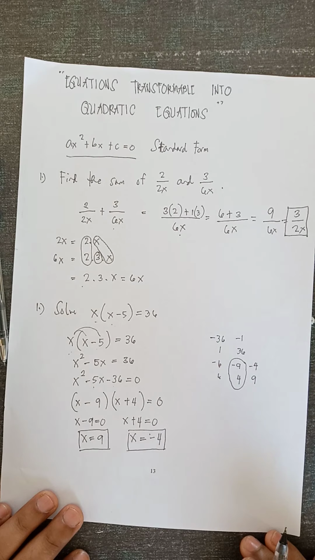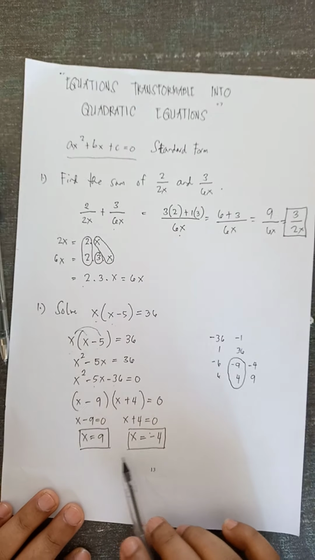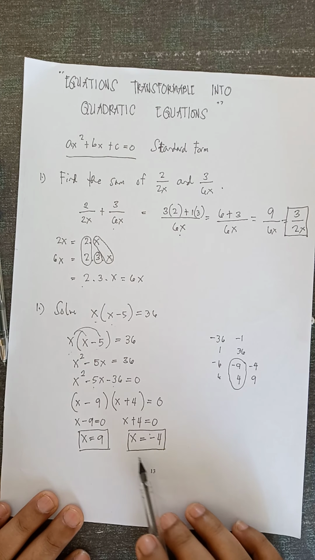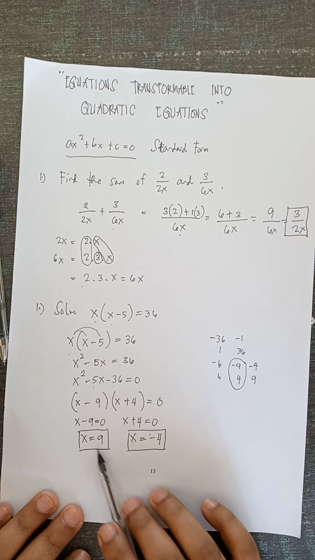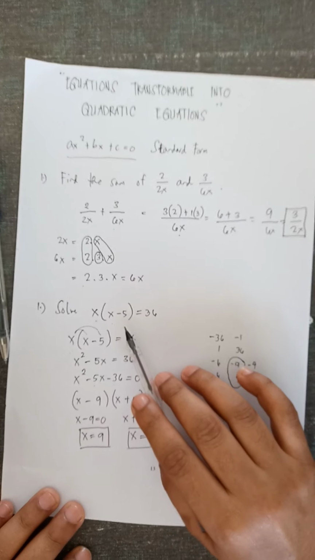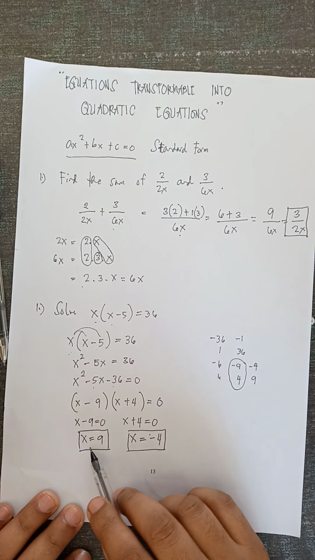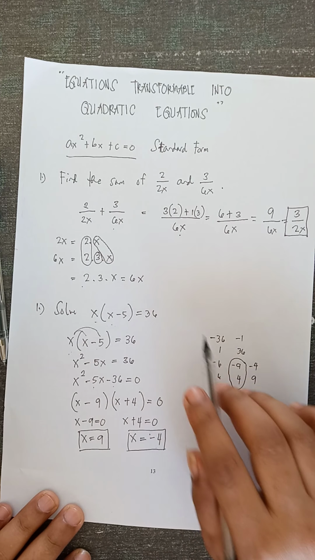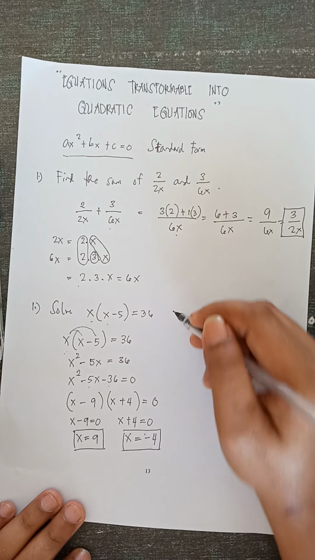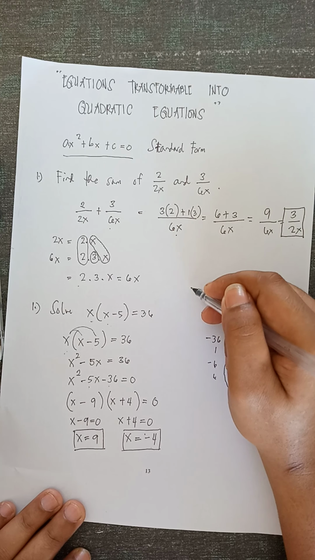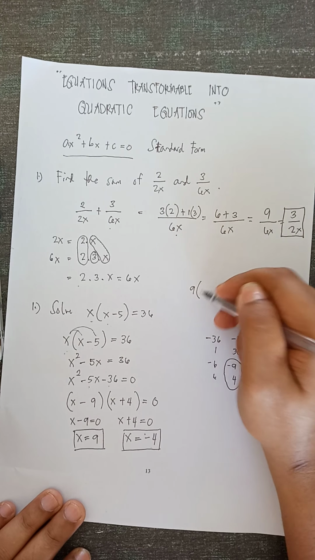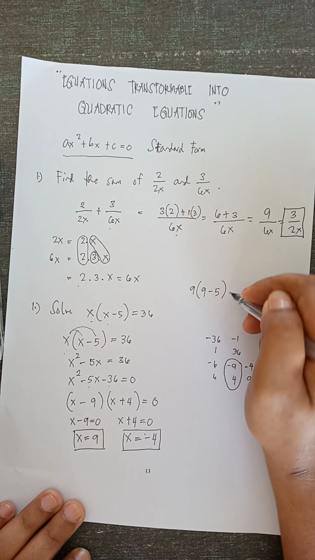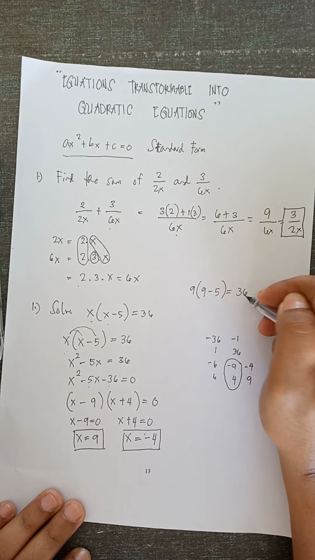Now, to check if the roots of the quadratic equation are true, we're going to substitute the two roots into the given equation. So we substitute 9 as well as negative 4 into our given x times x minus 5 equals 36. So we have 9 times 9 minus 5 equals 36.